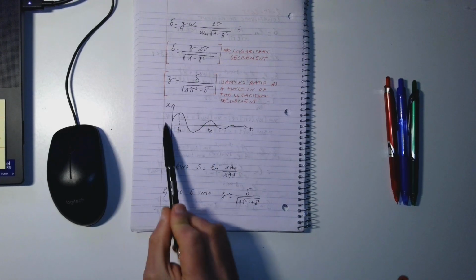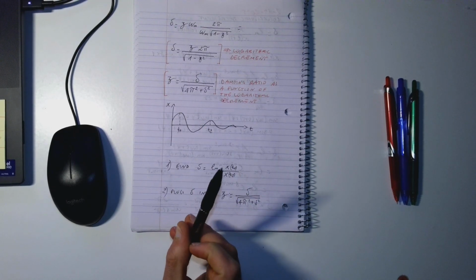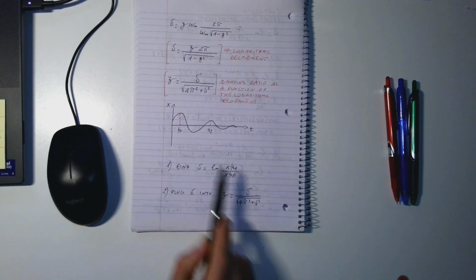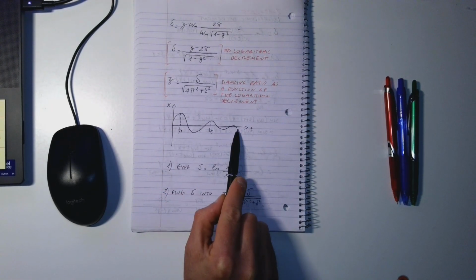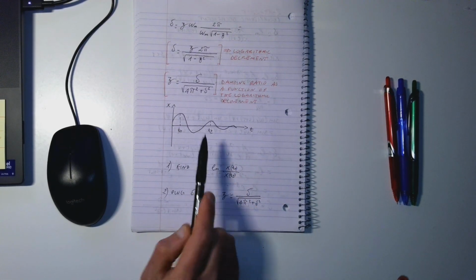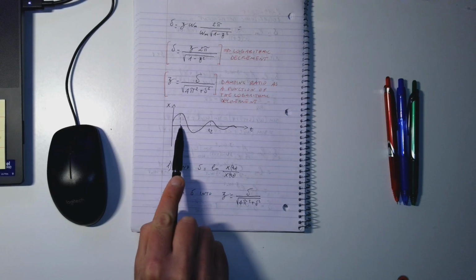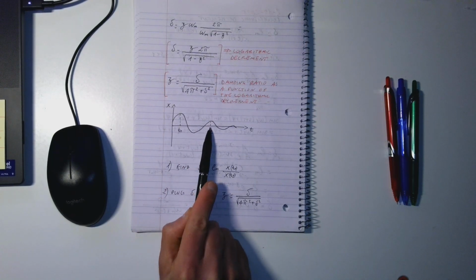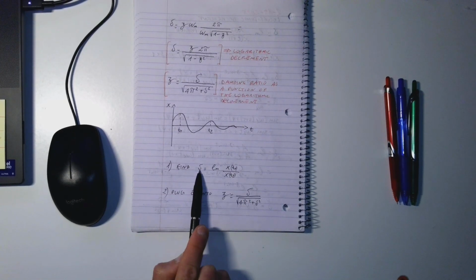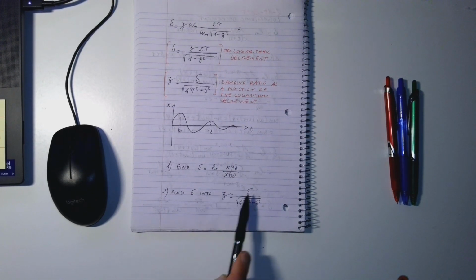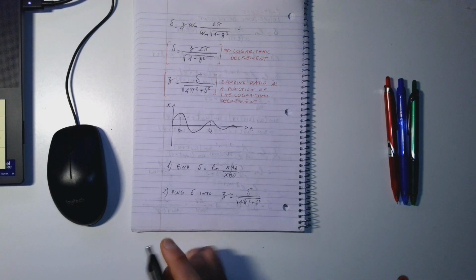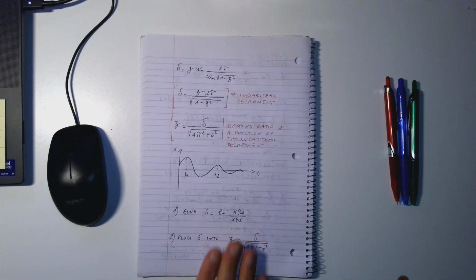Again, this is valid when we have an underdamped system, and qualitatively the response looks like this. We have the amplitude at time t1 and the amplitude at time t2, so we can find this delta, and then from delta we can plug here and we can find zeta. Make sense? Any question about this?